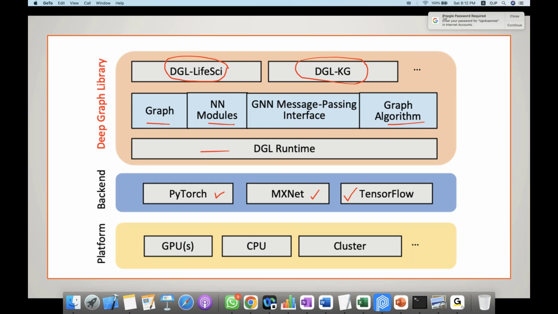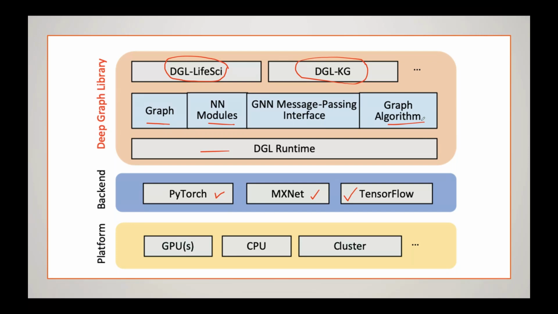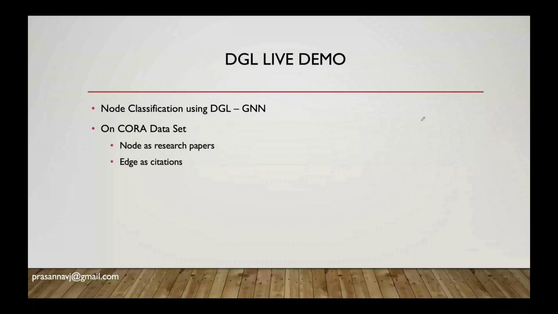Right. So next, let's do a live demo. For this live demo, what I've taken is a Cora data set which is already defined and processed as a graph-based data set, and this data set consists of research papers that are published and available in the industry.